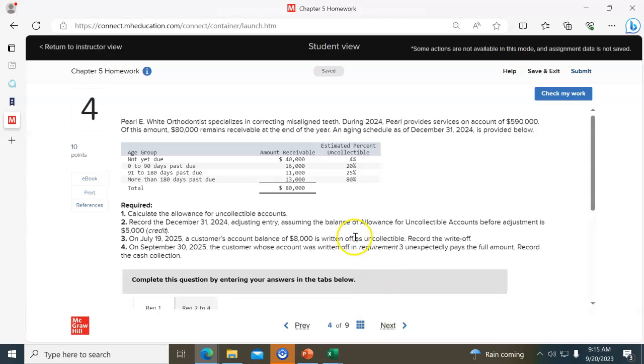In this one, remember we talked about the aging method is usually probably the best.